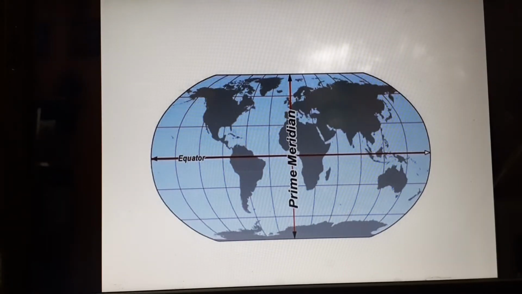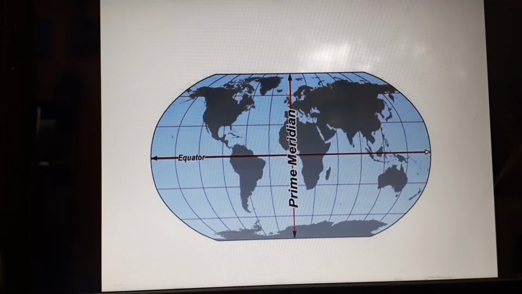Now, why do we say that the equator is an imaginary line? Not only the equator, we will also talk about other imaginary lines. But why do we need these types of imaginary lines when in reality none of them exist?